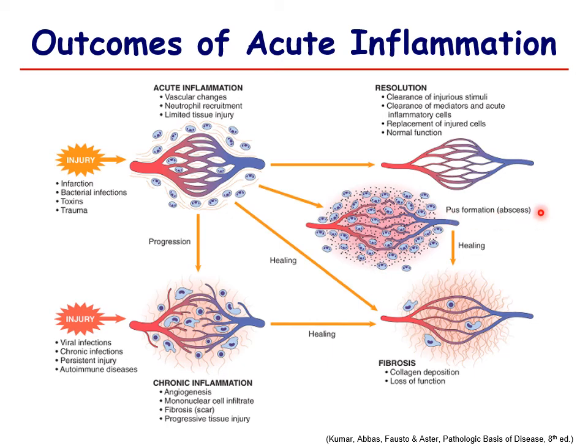So when abscesses are effectively cleared and the area is healed, this healing again involves the replacement of the injured area with fibrotic cells and connective tissues, and as a result, while the microorganisms have been cleared, the affected area is not regaining the normal function, but rather it is replaced with fibrosis.